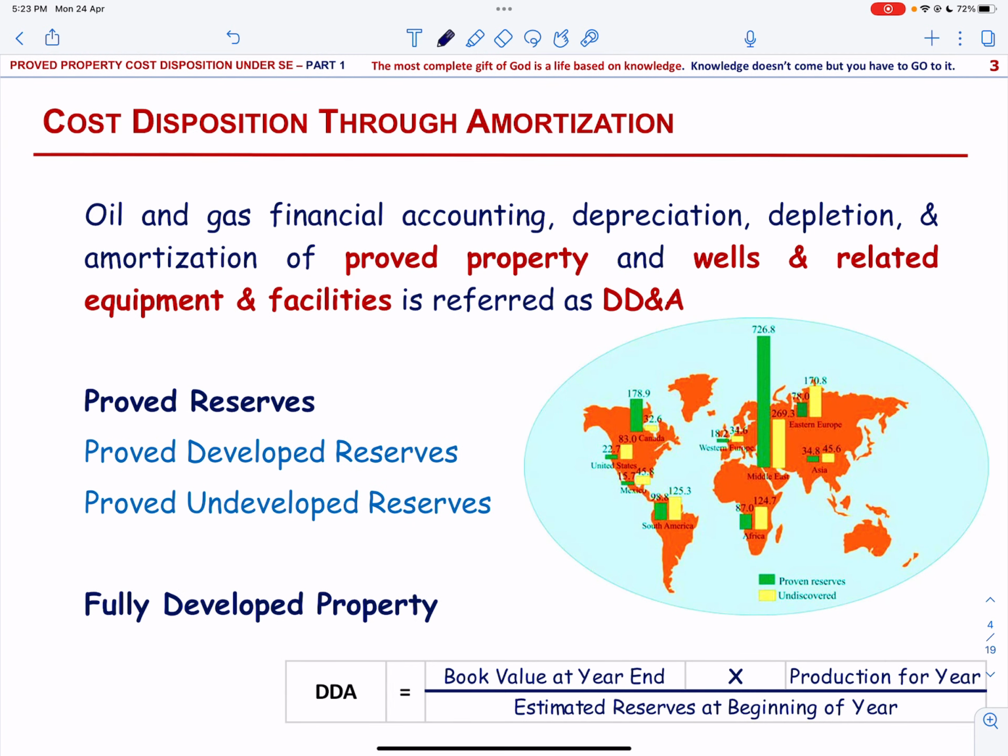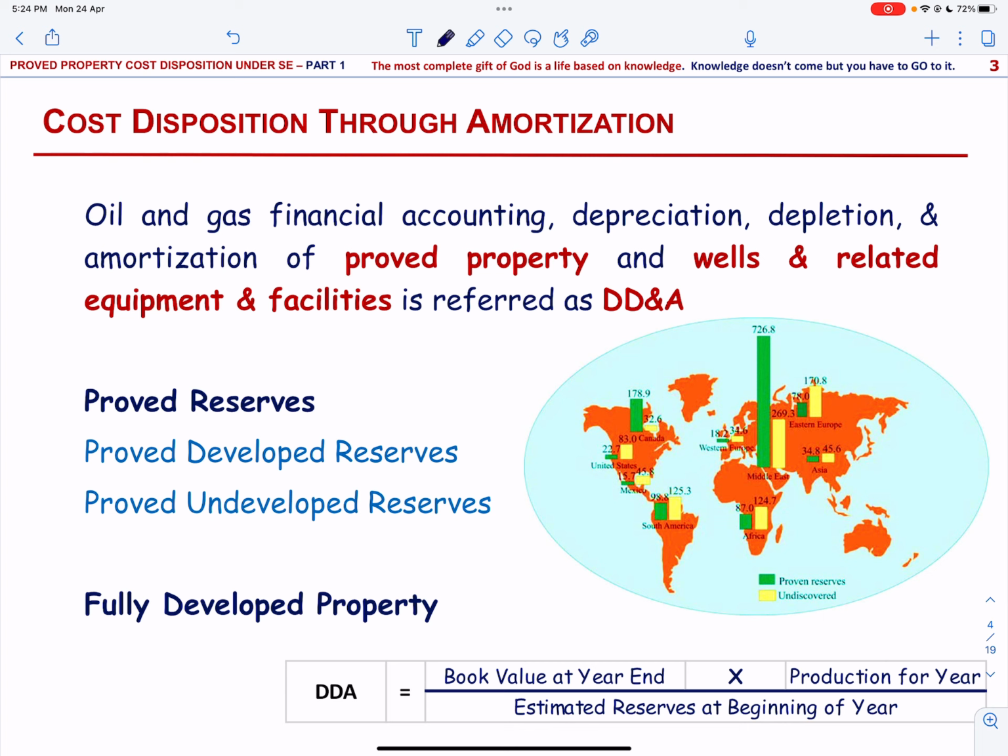Asset disposal is the removal of a long-term asset from the company's accounting records. It is an important concept because capital assets are essential to successful business operations. In financial accounting, tangible property and equipment is depreciated, intangible property is amortized, and natural resources are depleted.